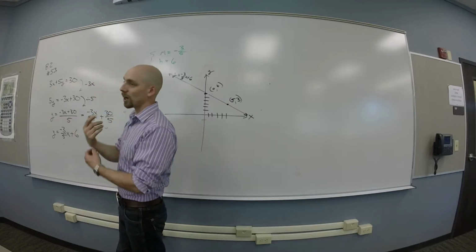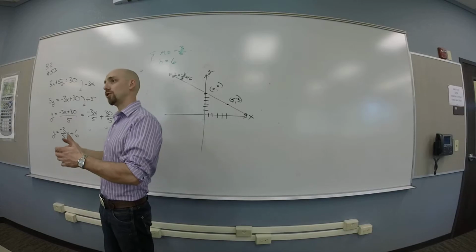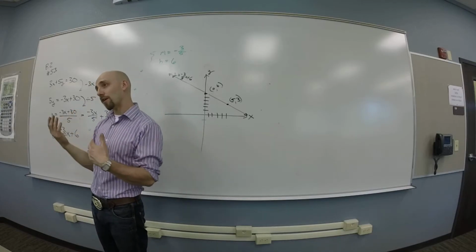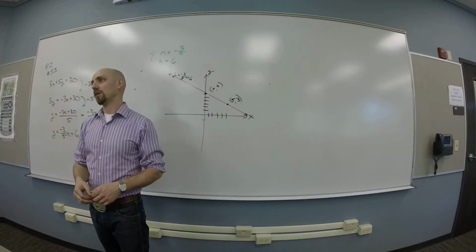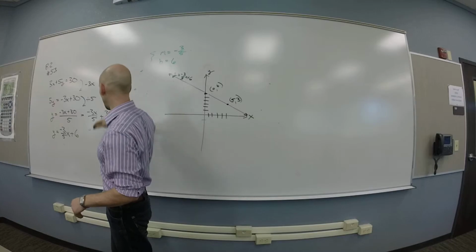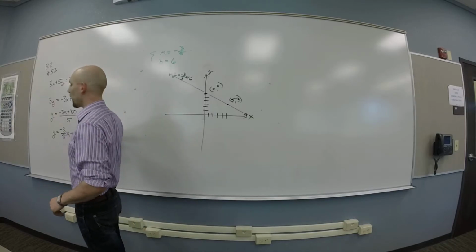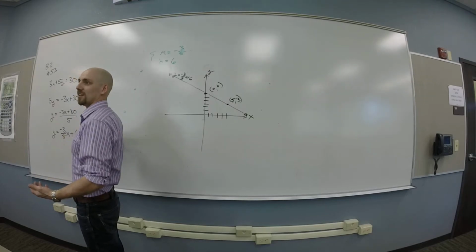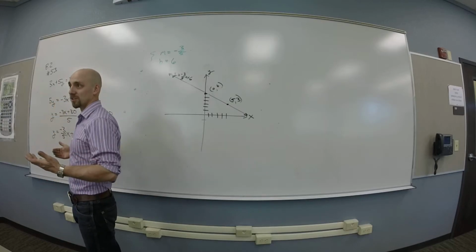So what I would advise in terms of steps is write enough to convince me that you're understanding what you're doing, so that if you get a little bit off track, I can clearly see where that happened. If you do big jumps and you made an arithmetic error in the process, then maybe I have trouble figuring out where that error was.